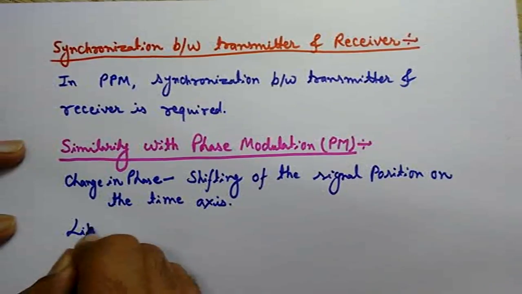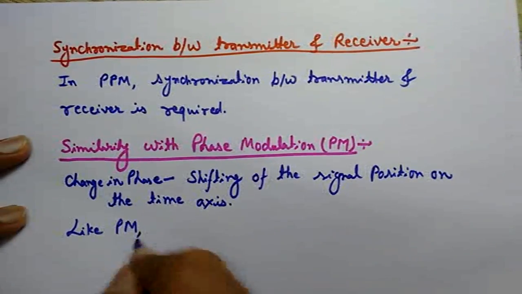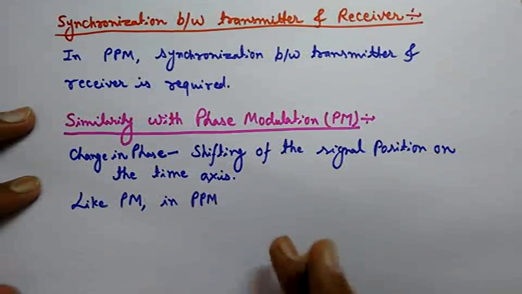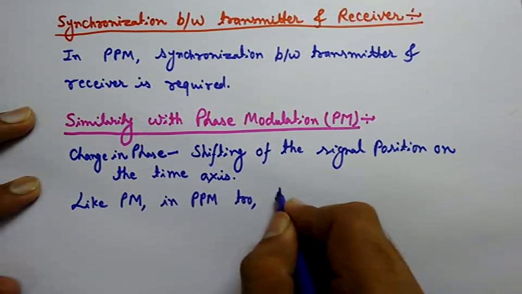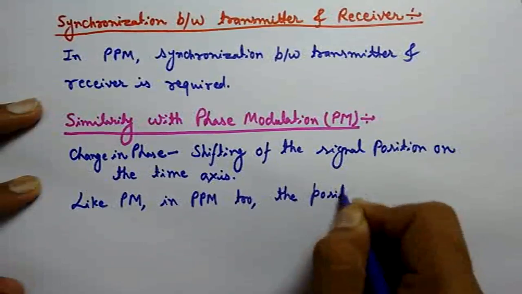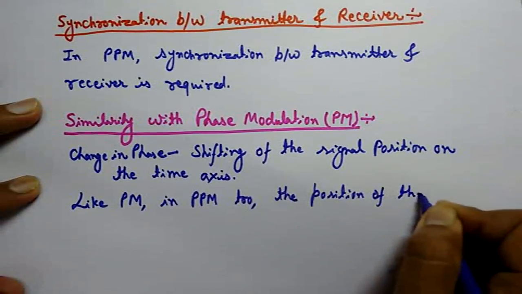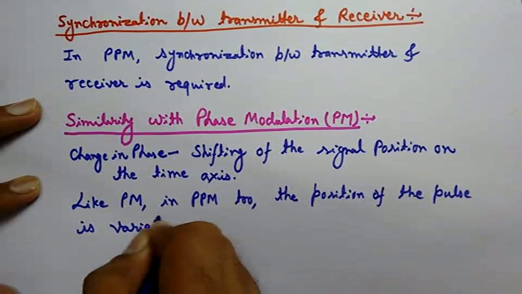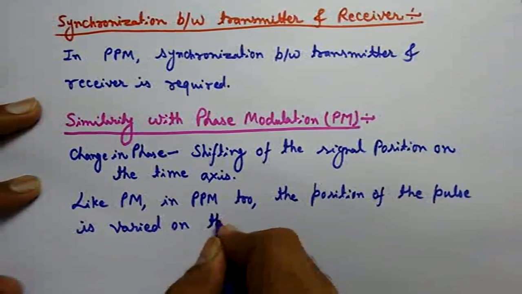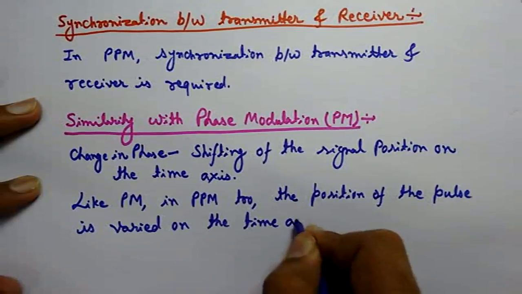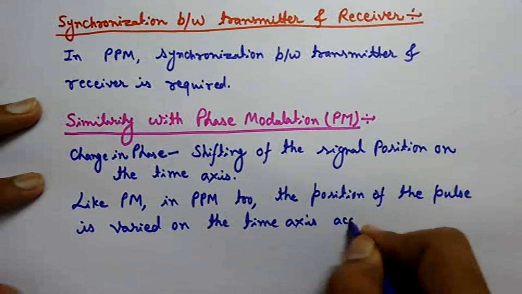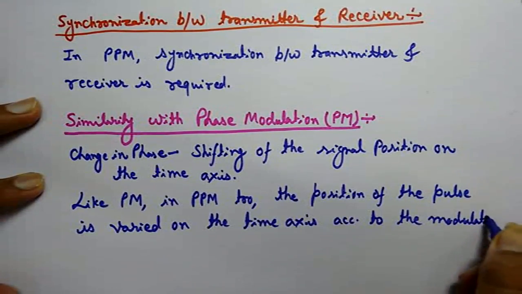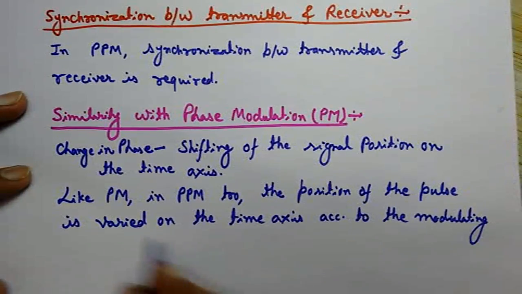So you can say, like phase modulation, in pulse position modulation too, the position of the pulse is varied on the time axis according to the modulating signal.